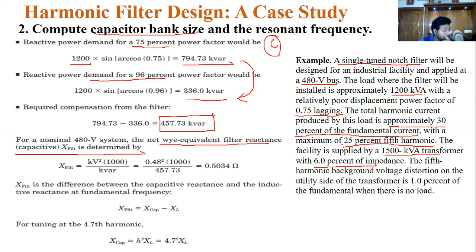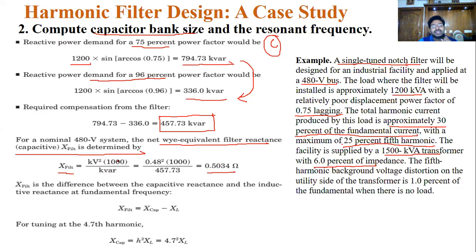It depends on the transformer connection: star to delta, delta to star, star to star, delta to delta. The amount of impedance produced by the transformer also changes. Remember that part. Here we consider it as a Y connection, so we can calculate these values and the capacitor value. You will get the kVA value and other things.